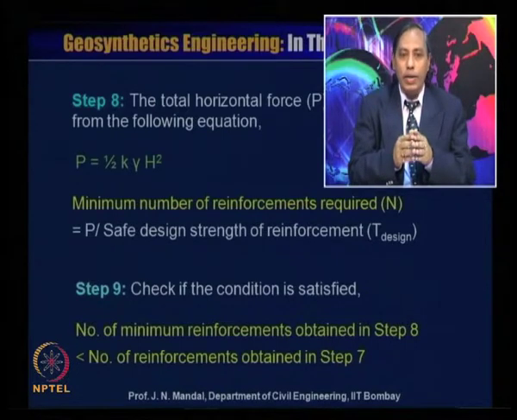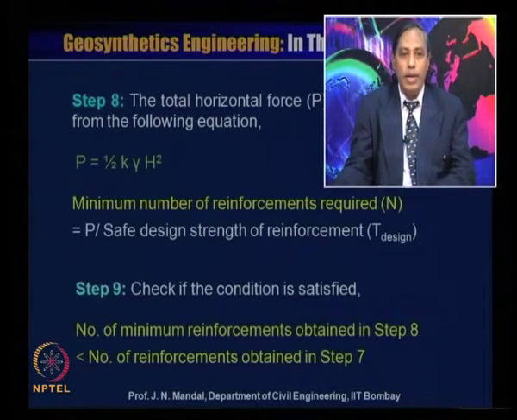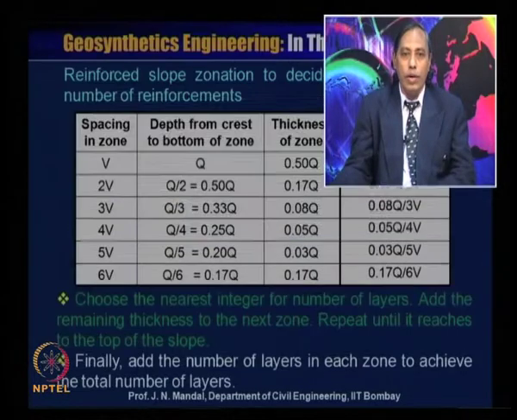Step 9, check if the condition is satisfied. The minimum number of reinforcements obtained in step 8 should be less than the number of reinforcements obtained in step 7. If it is satisfied, then your design is okay.